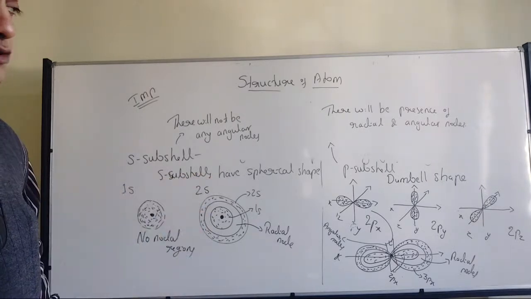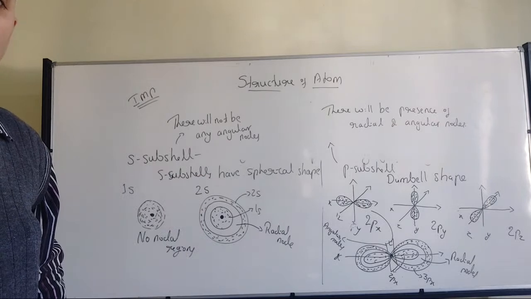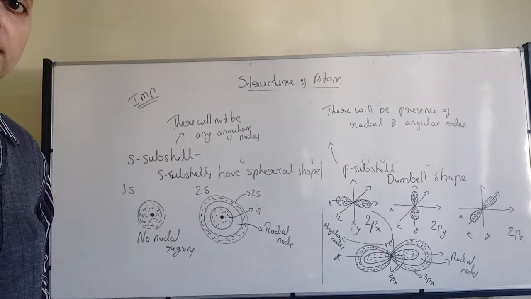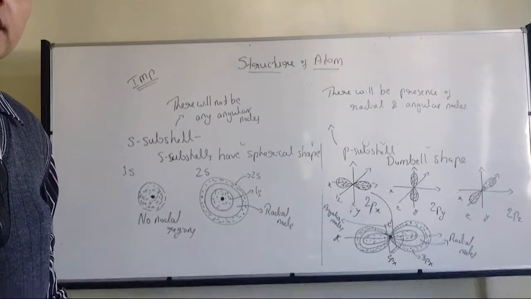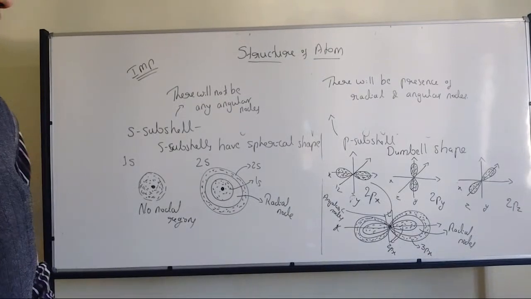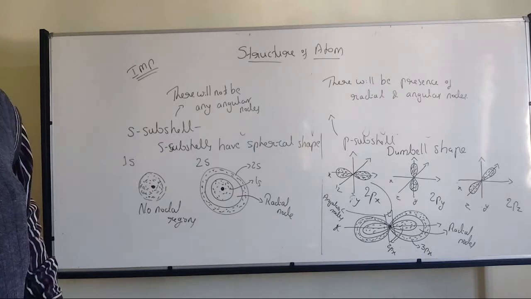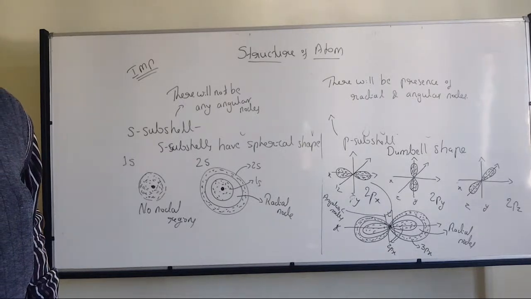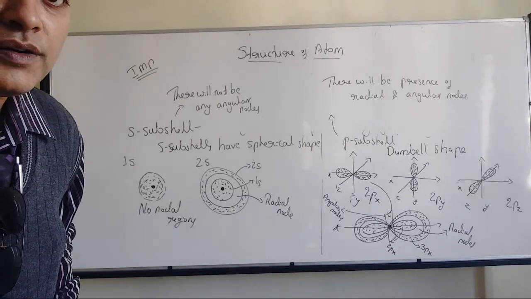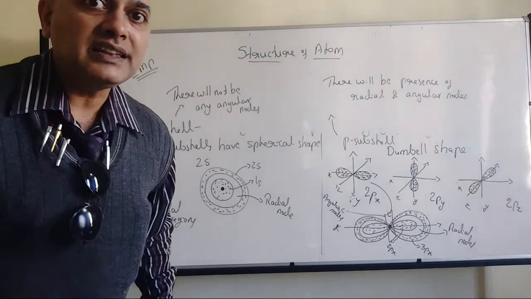Same way, when it comes to 2p, anything you can observe with respect to 2p? In general, I have written that for the P subshell there will be radial and angular nodes. Oh, very good, Danyata.